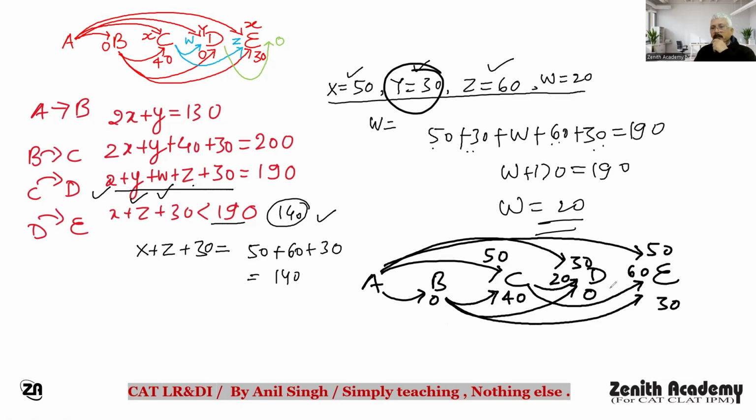And D to E is 140. So now each and every point is clear. Further, you can answer all the questions. Let's see the questions.